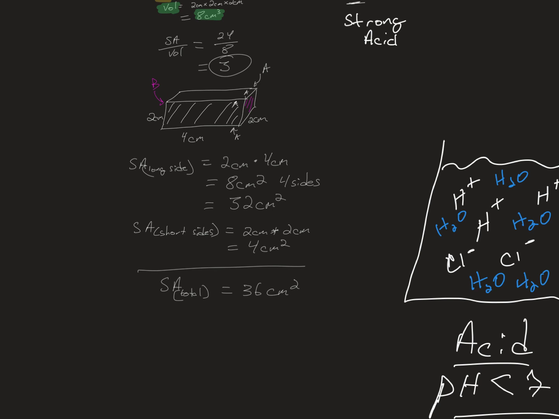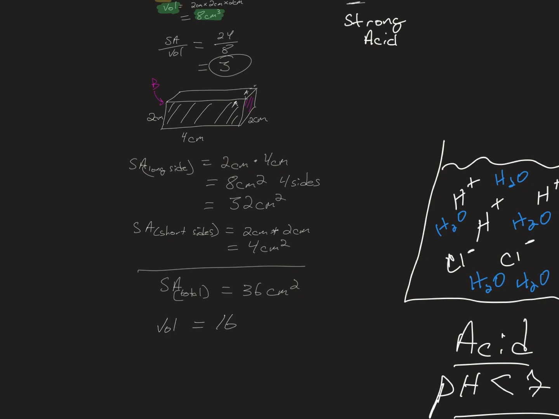Now my volume is still easy. It's as easy as it was with a perfect cube, correct? My volume is what? Length times width times height. So 4 times 2 times 2. So 4 times 2 is 8, and 8 times 2 is 16.